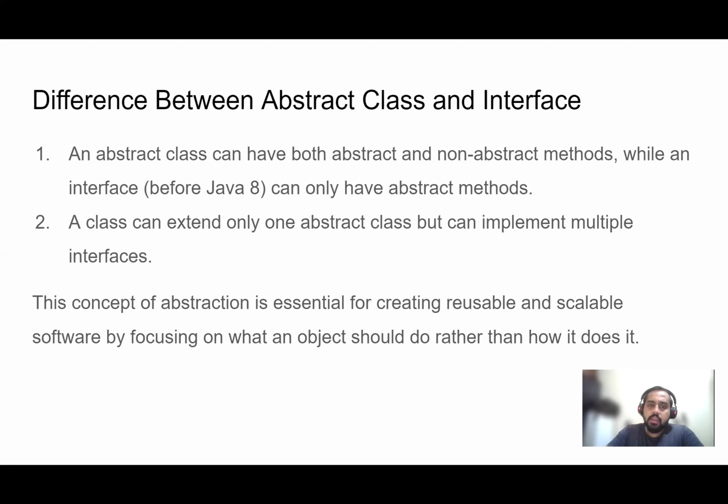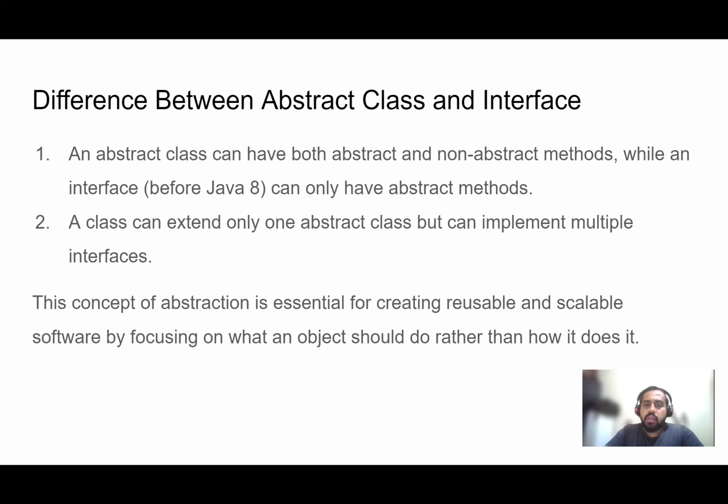Okay, and a class can extend only one abstract class, but it can implement multiple interfaces. Why only one abstract class? Because an abstract or non-abstract class is a class, and in Java, multiple inheritance is not allowed, in order to avoid the diamond shape problem.